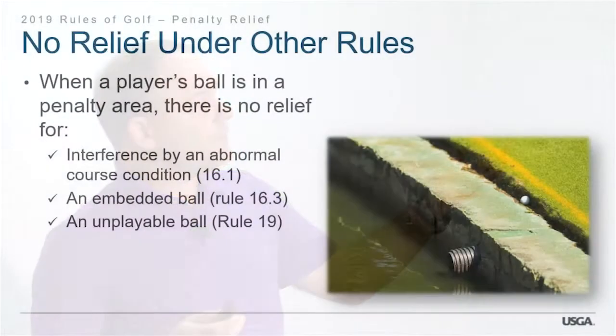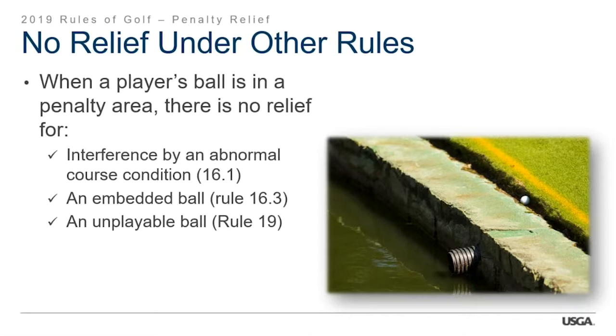So if you have interference by an abnormal course condition, which would be a bridge over a watercourse, or you might have something like an animal hole inside of a penalty area, you do not get relief for that. Casual water, now termed temporary water, does not exist inside of a penalty area. It is part of the penalty area, so you wouldn't get relief for temporary water.